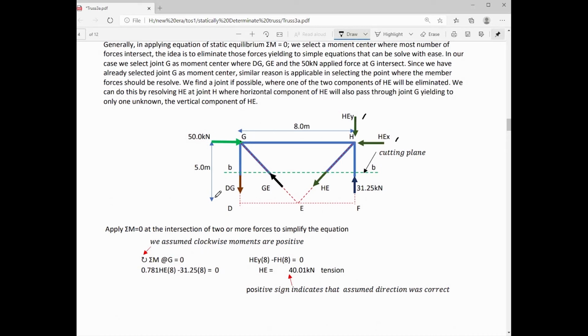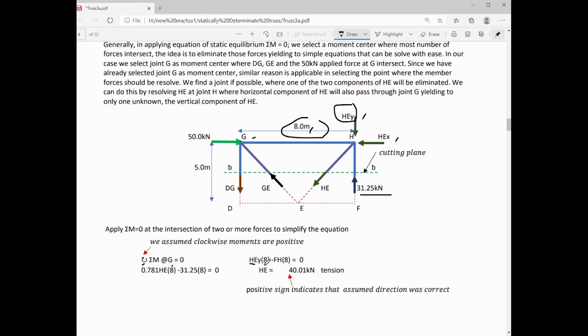We can now apply summation moment at G, assuming that clockwise moment are positive. So we have HEY, that is the vertical component of HE. The moment arm is 8 meters. That is clockwise with respect to joint G. And for FH, that is counterclockwise with respect to joint G. The moment arm is also equal to 8 meters.